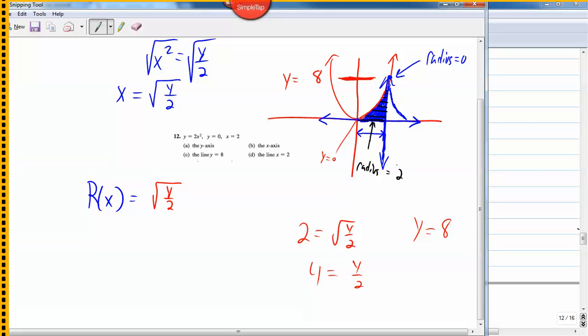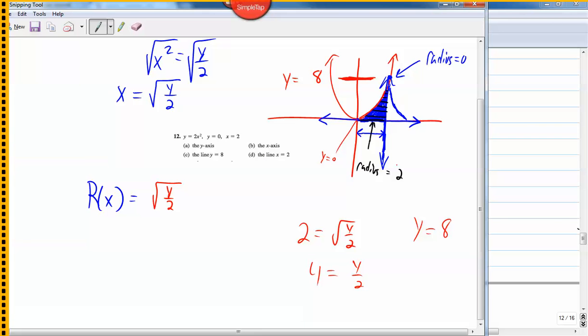Those are our 2 test points to make sure we're setting up our equation right. Well, look up here. If we plugged in a 0, we get a 0. So that's not right. It needs to be 2. When we plug in an 8, 8 divided by 2 is 4, and the square root of 4 is 2.